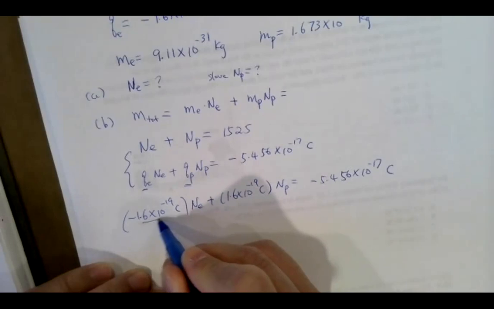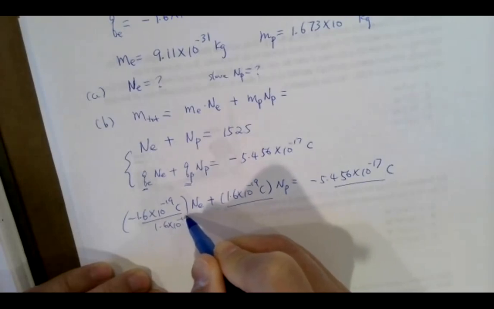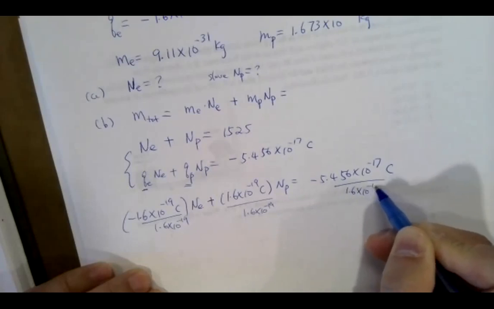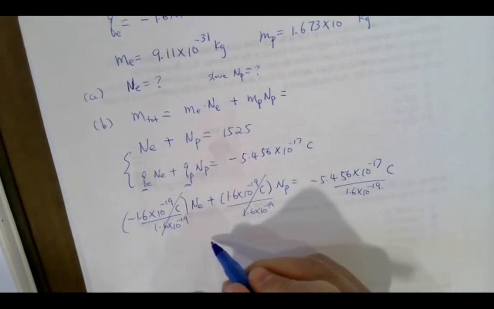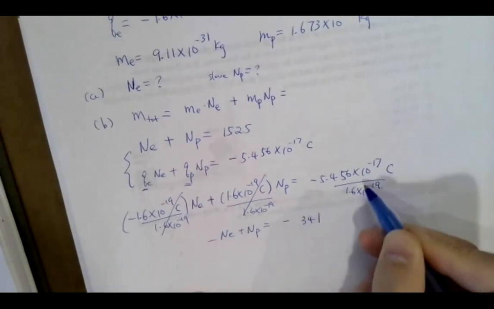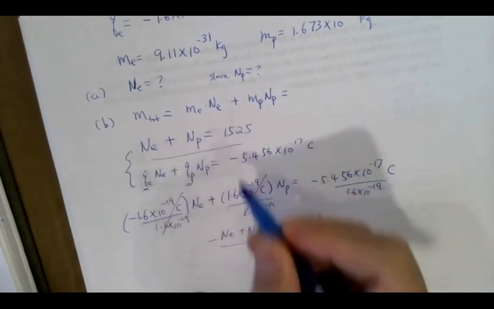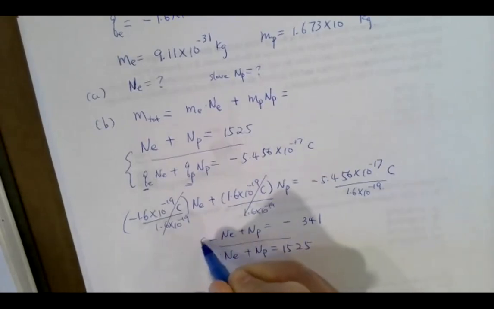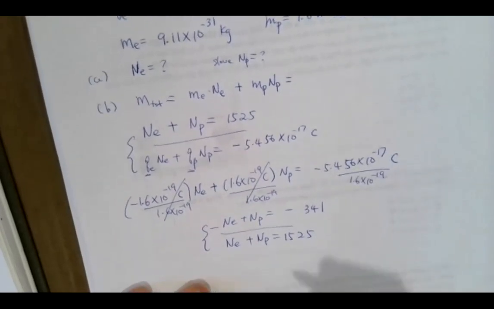On this equation, you can divide both sides by 1.6 times 10 to the negative 19, and you get rid of that factor. Then minus N_E plus N_P will be equal to minus 341. This equation, along with the first equation, you can combine to solve for N sub E and N sub P. You're looking for N sub E.